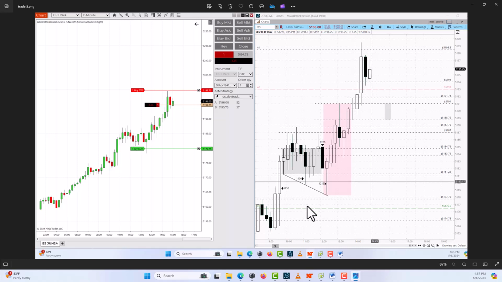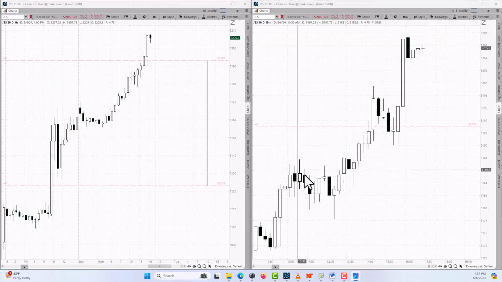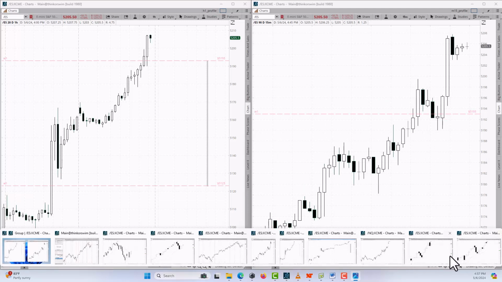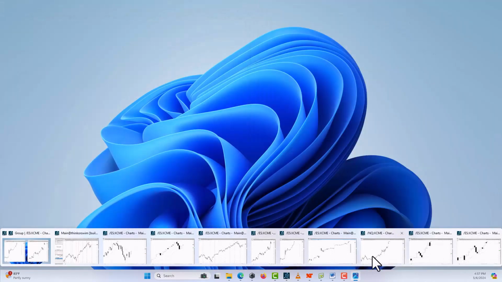We anticipate that because we see the gap down there, the Monday gap down here, on the regular trading hours we saw before. Where's that again?